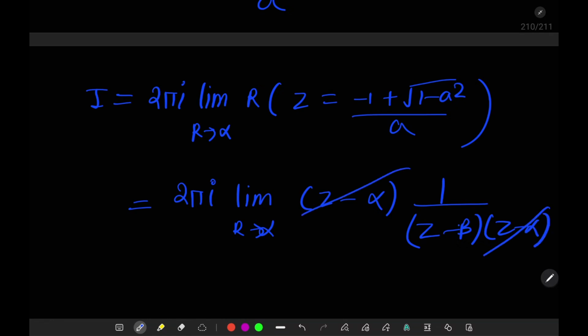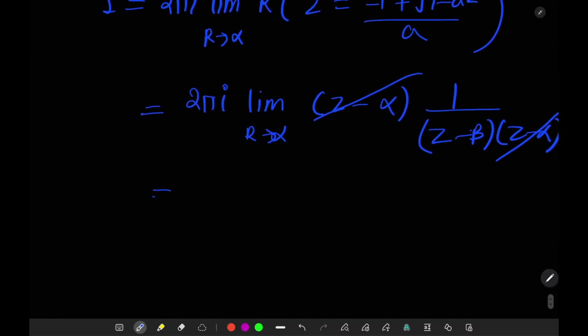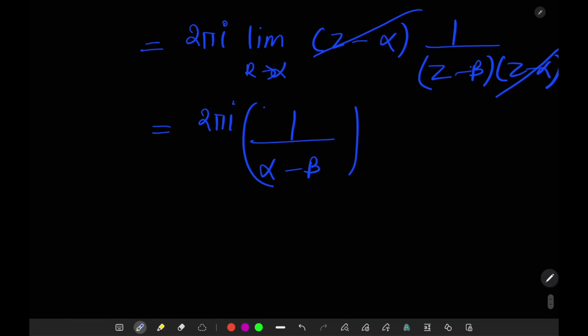Here this is cancelled out by this term. Now putting the limit, we get alpha minus beta. Now first of all we need to solve alpha minus beta.